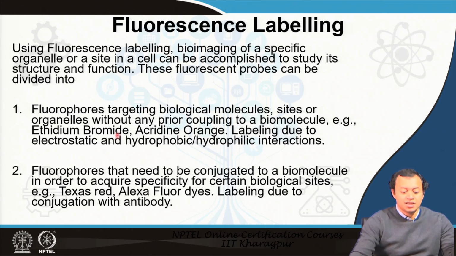This is direct, this is indirect. Here the fluorophore gets directly attached using electrostatic or hydrophobic-hydrophilic interaction. Here they attach first to the biomolecule, then the biomolecule has some way to get attached to the biological site.